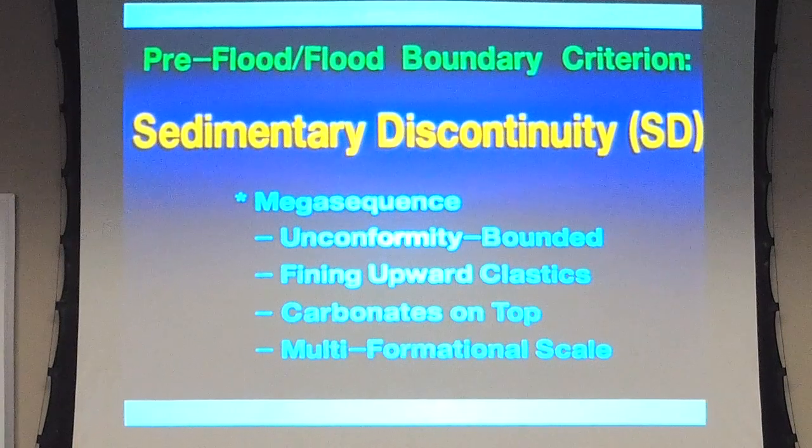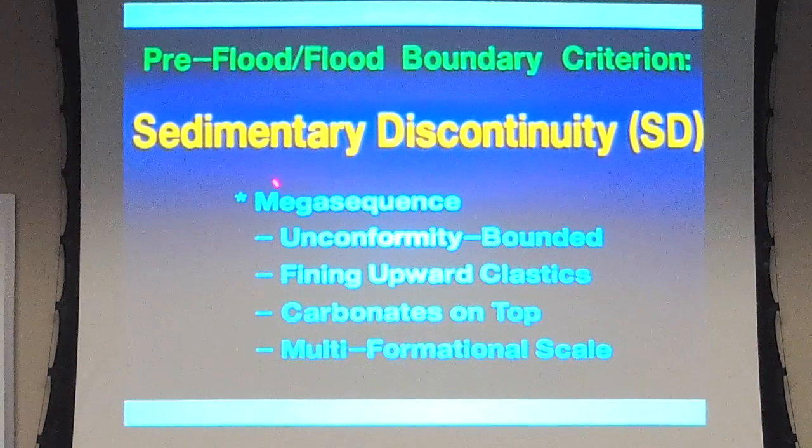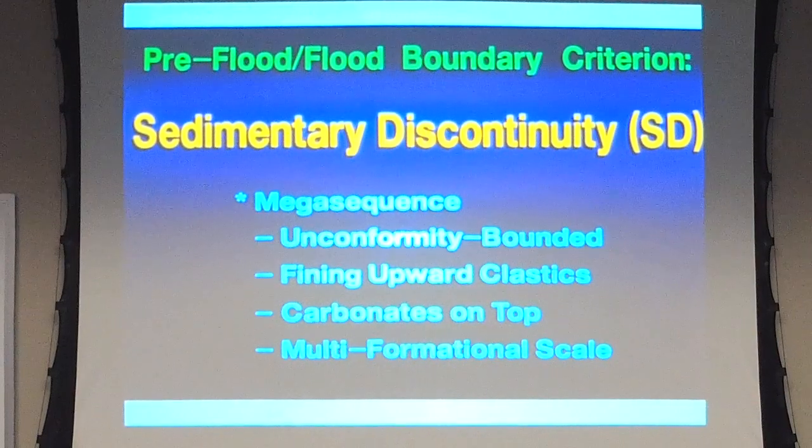And then the sedimentary discontinuity, things that would be indicative of catastrophic events preceding or following normal sedimentary events. Okay, so a megasequence, an unconformity bounded unit, fining upward clastics. You can imagine carbonates on the top, multi-formational scale, so we're talking hundreds or even thousands of feet, things like that. So that's the sedimentary discontinuity.